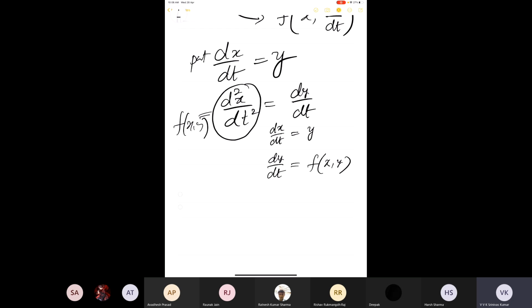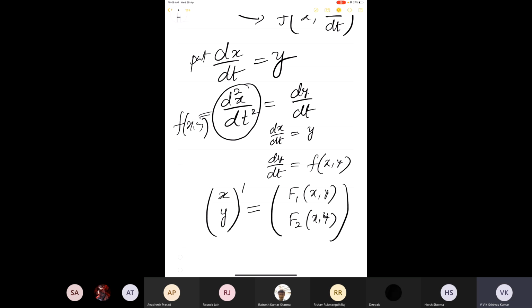So we can write the given second order differential equation as a system. Call these f1 xy and f2 xy.